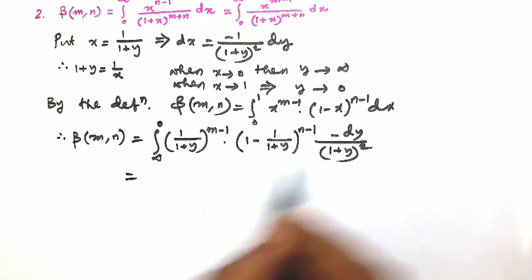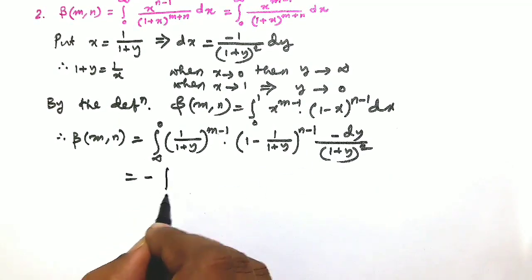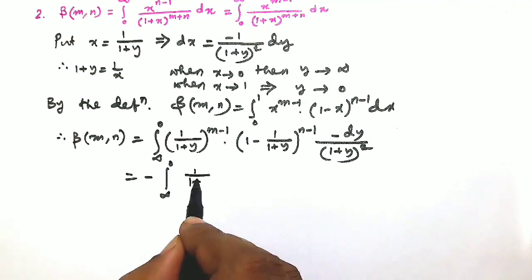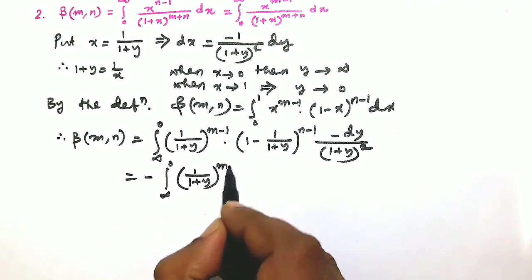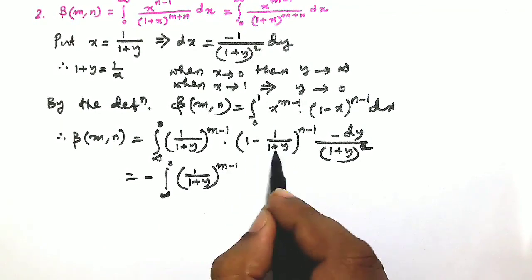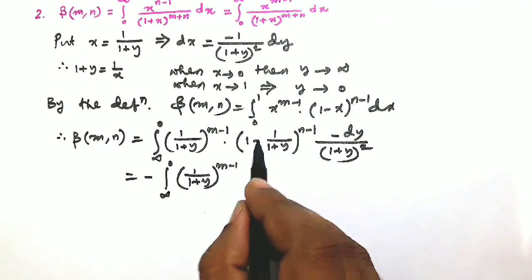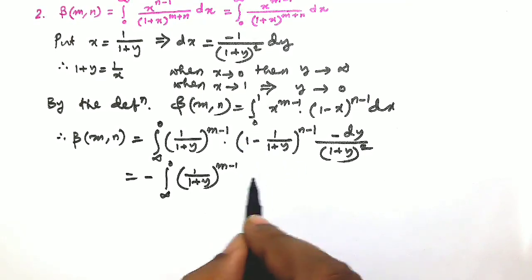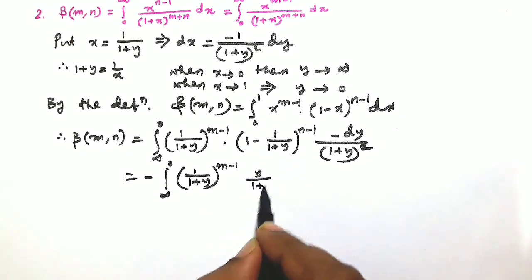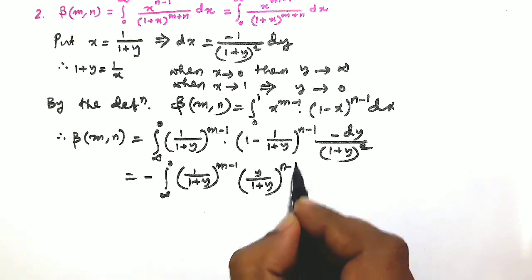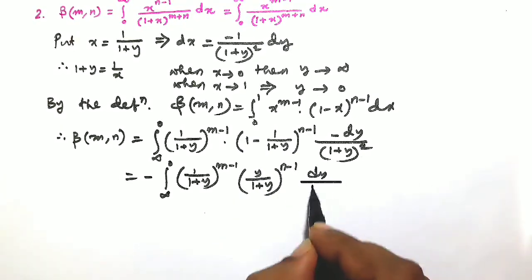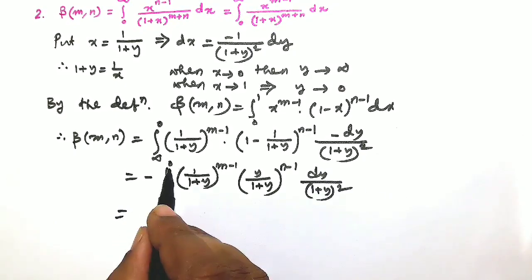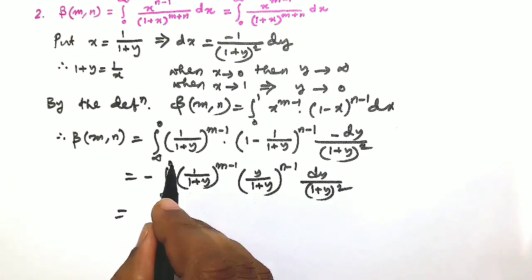So friends, this minus is now here, integration infinity to 0, and 1 upon (1 plus y) whole power m minus 1. We have to take the LCM here, 1 plus y, and the numerator will be 1 plus y minus 1. So only y in the numerator, so y upon (1 plus y) whole to the power n minus 1, dy upon (1 plus y) whole square. So this is minus of integration infinity to 0.